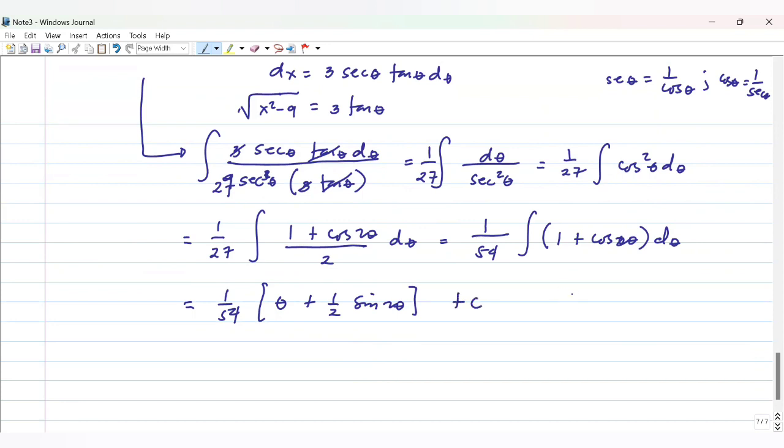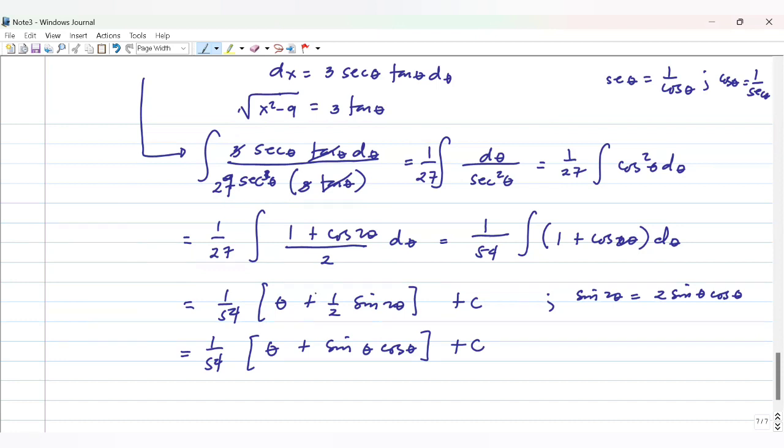But what is sine 2 theta? Sine 2 theta in trigonometry is 2 sine theta cosine theta, right? So if we substitute in here, we have 1 over 54 times theta plus, since we have 2 over 2, that is 1, sine theta cosine theta, plus c.